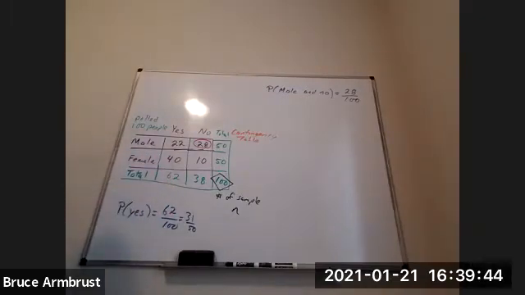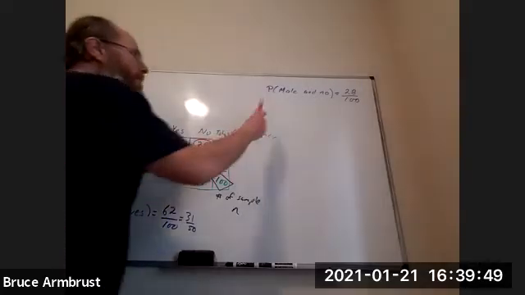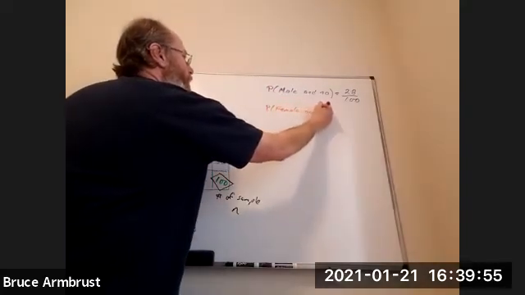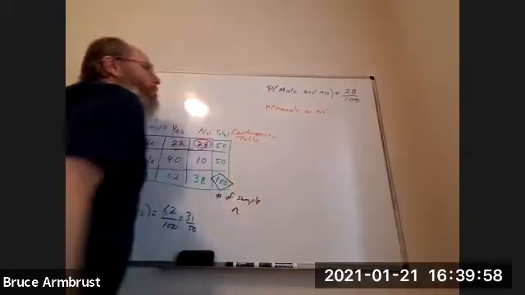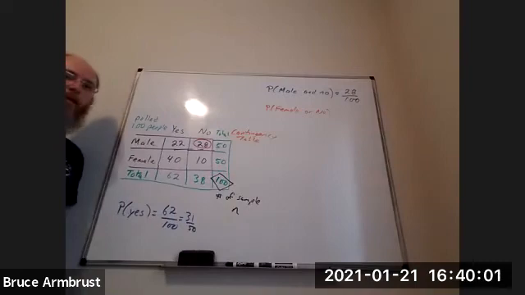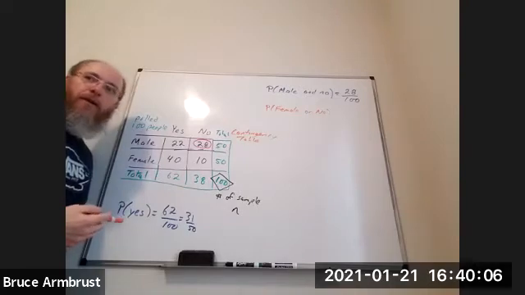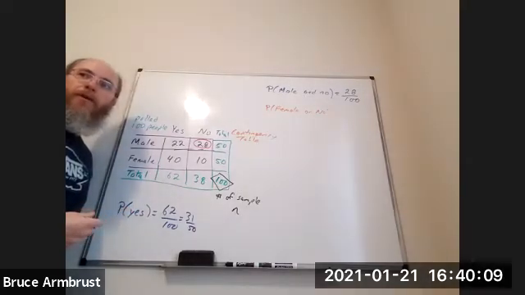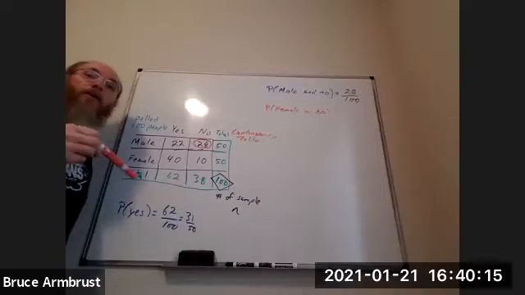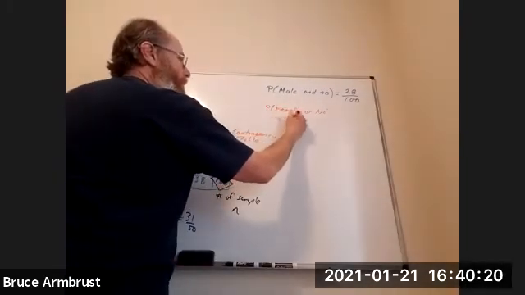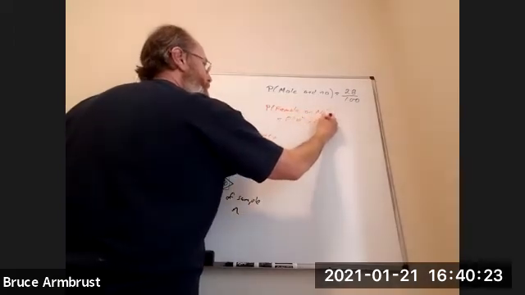Let's go to the probability that we have someone who's female or no. Now, when we did this before, remember when we were rolling the dice? What was the trick for the or? Add 'em up. Yeah, I was going to pick on Elisha because he was the one who said it, but that's right. We're going to add them up, right? So we saw before that this would be the probability of female plus the probability of no.